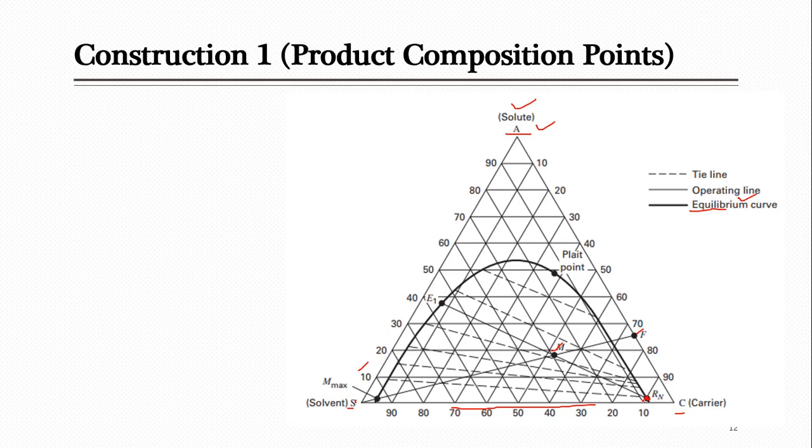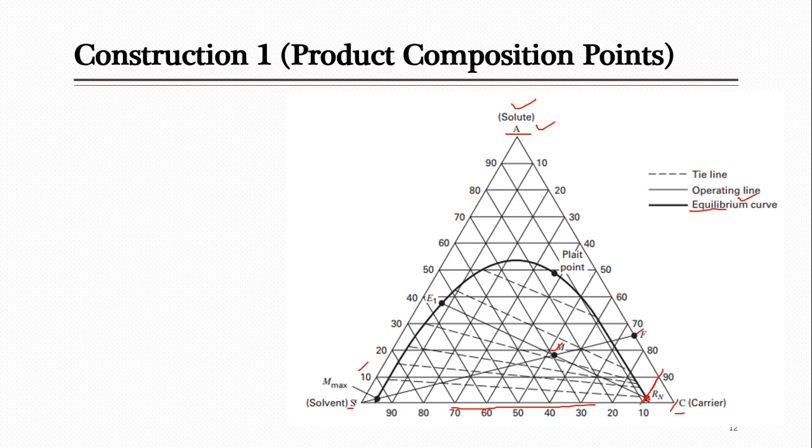When you know R X A on this line, that is 2.5, you know this point, and it is located on this equilibrium line. Now try to find the other components of this point, meaning the carrier and the solvent. How much will be the carrier? Here the carrier is 100% at this point, and this line is 90 for the carrier.